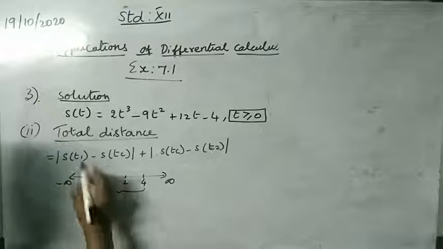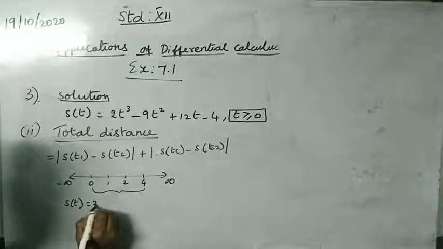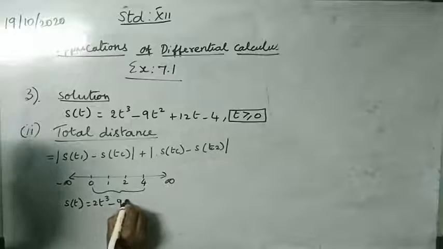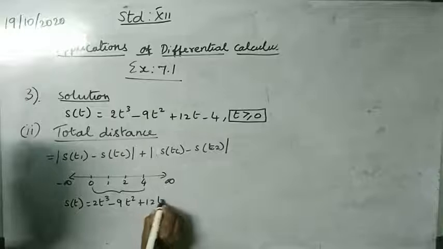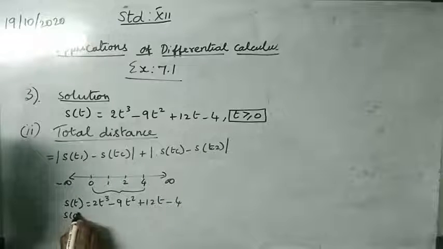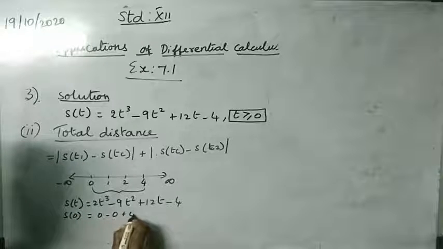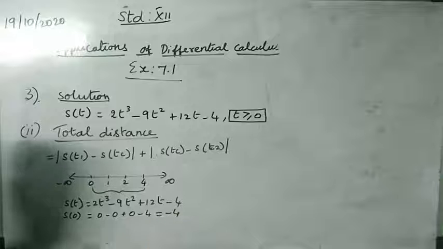So substitute these values in the original equation. S of t is equal to 2t cube minus 9t square plus 12t minus 4. Now substitute S of 0. Instead of t, substitute 0. So it becomes 0 minus 0 plus 0 minus 4, equal to minus 4.